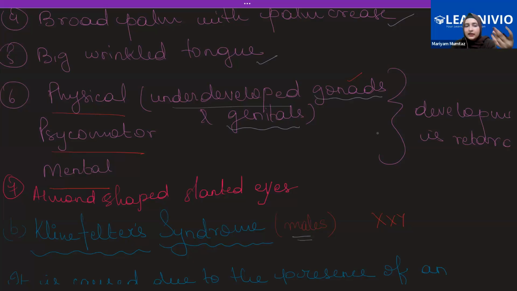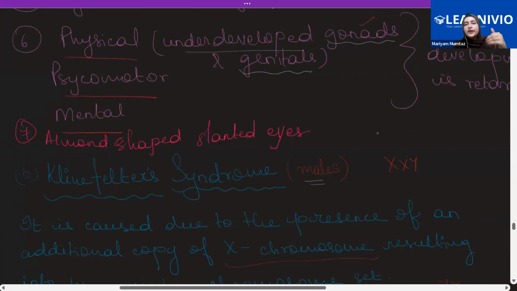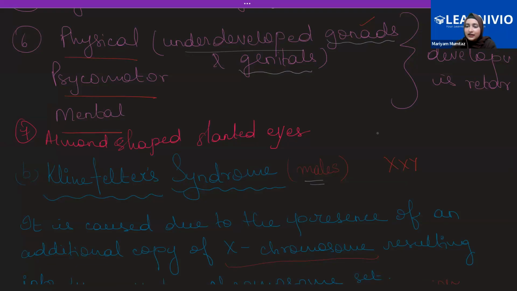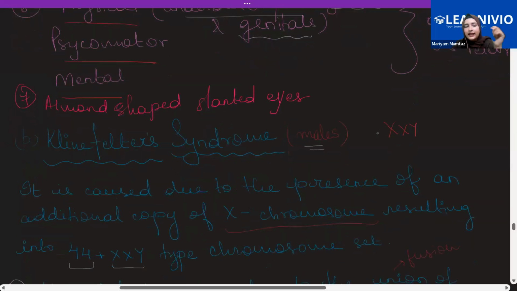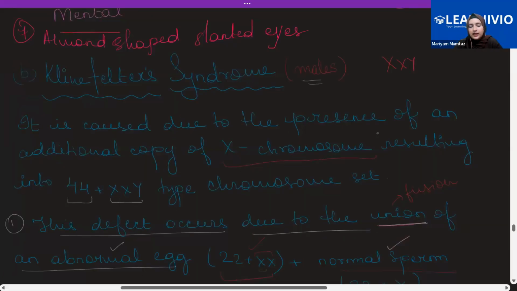There are many people that undergo corrective surgeries and then they can reproduce. But mostly, the majority of them are underdeveloped in terms of many functions, mentally and physically. And they have almond shaped eyes that are a little bit slanted. So that is Down syndrome.